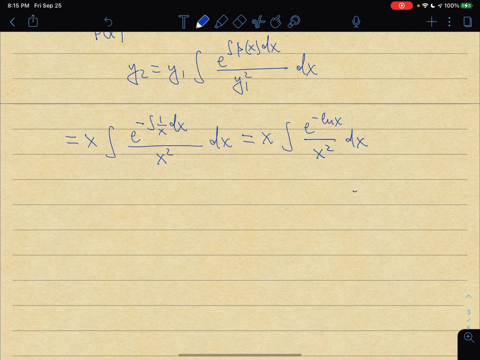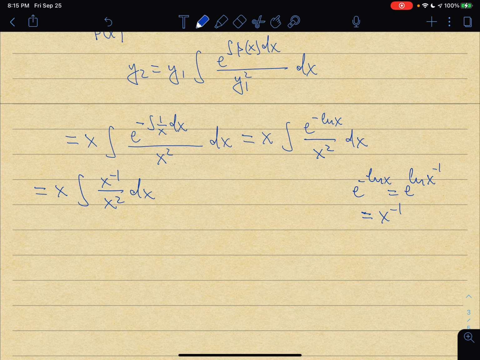So let me do it separately here. e to the minus natural log of x is e to the ln x to the minus 1, because the coefficient in front of ln becomes a power of x inside ln. e and ln cancel out, and we get x to the minus 1. And so x integral x to the minus 1 over x squared dx.